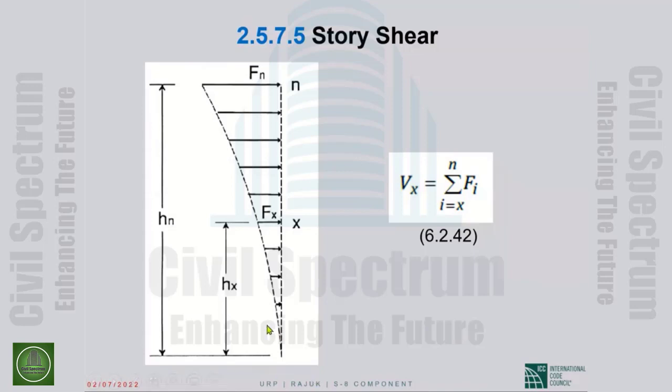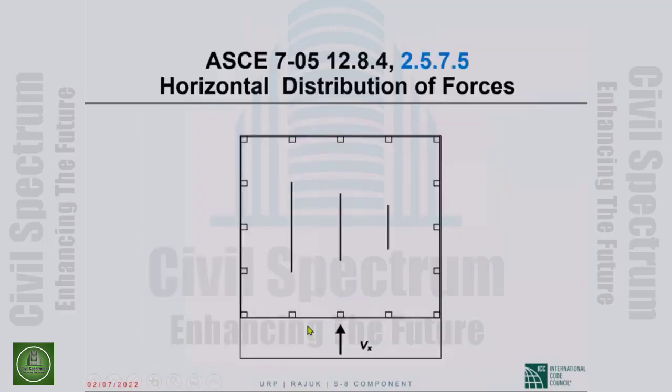So in the bottom story, the story shear is the sum of all the F sub x forces, which is the same as the base shear. Okay, so at this level, the story shear is F sub n. At this level, the story shear is equal to base shear. Okay, that is the vertical distribution of the base shear.